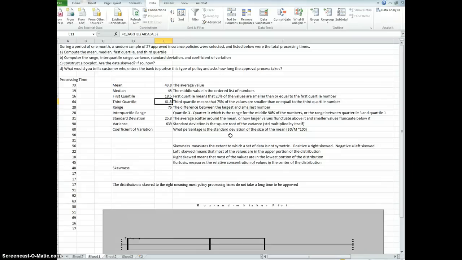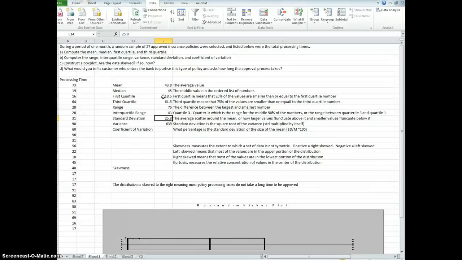Now we want to take a look at our interquartile range, which is going to tell us what is the range for the middle 50% of the numbers. For our interquartile range, we simply subtract our first quartile number from our third quartile. And to do that, we'll click equal sign. We'll select the third quartile number, subtract the first quartile number to get 43. So 43 is our interquartile range.